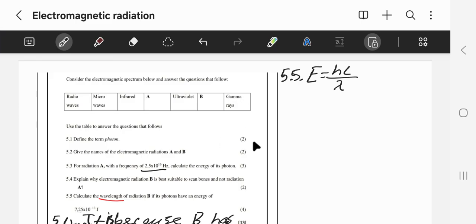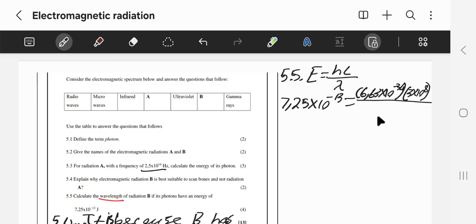Our E is going to be 7.25 times 10 to the power of negative 13. This will be equal to our Planck's constant, which is 6.63 times 10 to the power of negative 34, multiplied by our speed of light, which is 3 times 10 to the power of 8, and this will be divided by the wavelength which we are looking for.